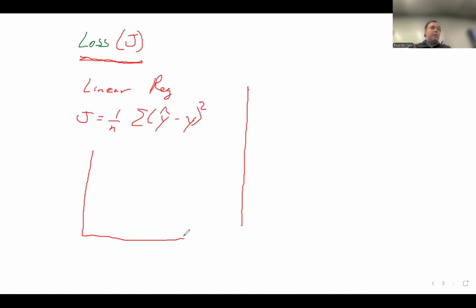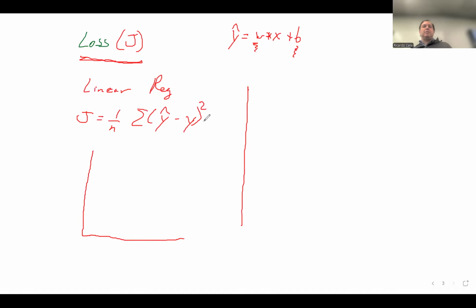Seems crazy. And remember, what is J, by the way? Well, J is nothing more than the inference function, so W times X plus B, correct? So whatever J is, it's in terms of W and B. Do you guys see that? What is the shape graphically of this function?